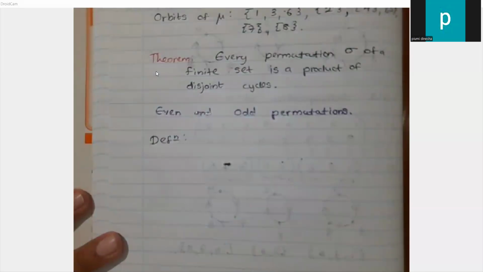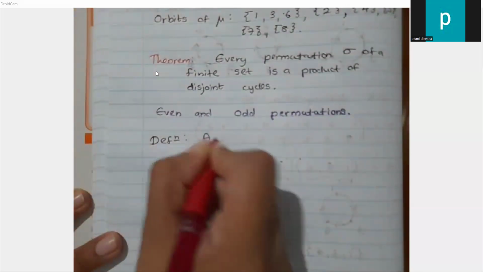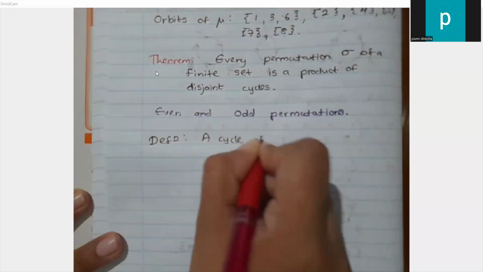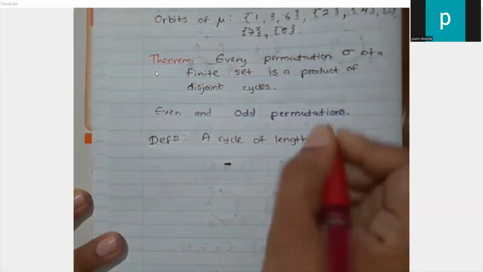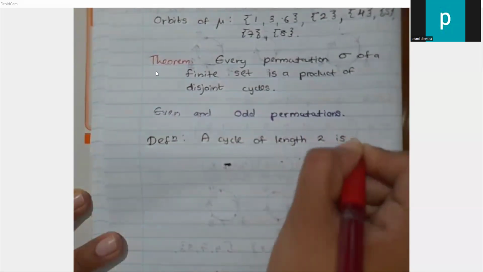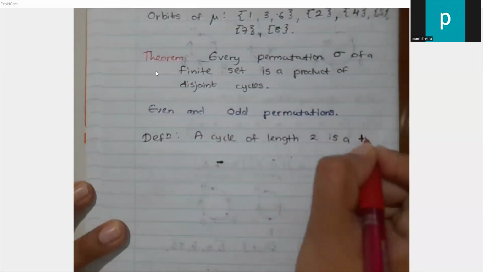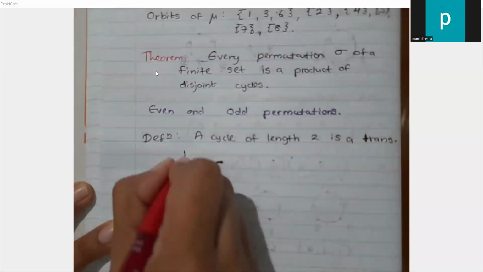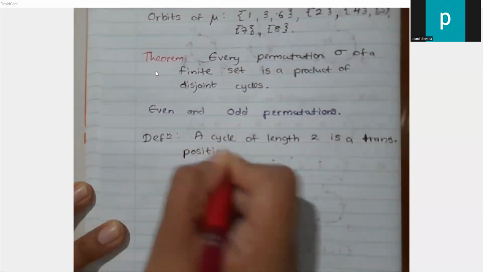A cycle of length 2 is what we define as a transposition. So in this case, it's a cycle of length 2. In the cycle, we only have 2 elements. Everything else must be fixed in that case.